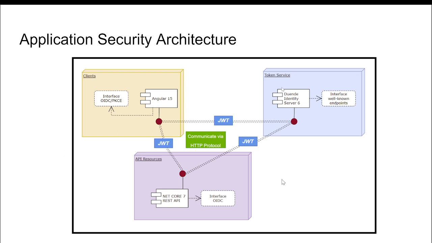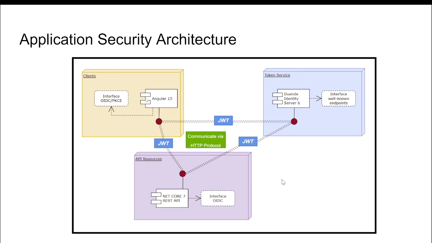And the identity server has what we call well-known endpoints to support login, to get the token, refresh the token, and look at the user's info. So Angular will make use of those well-known endpoints to retrieve security-related information.